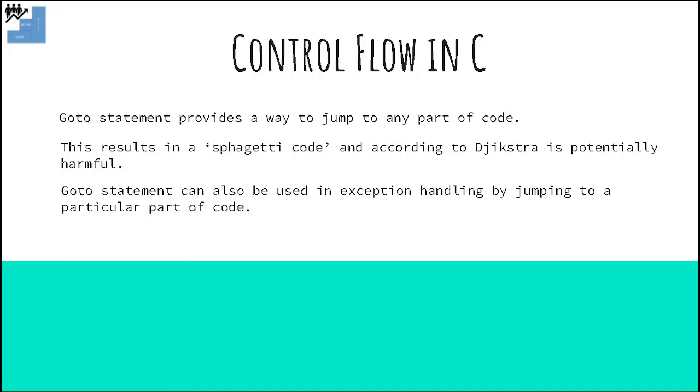So for example, if printf or scanf gives EOF, end of file, and it has to be treated as an error, then upon reception of EOF, a goto statement could be used to jump to a certain part of the code which is made for error handling. So that is one use case of the goto statement.